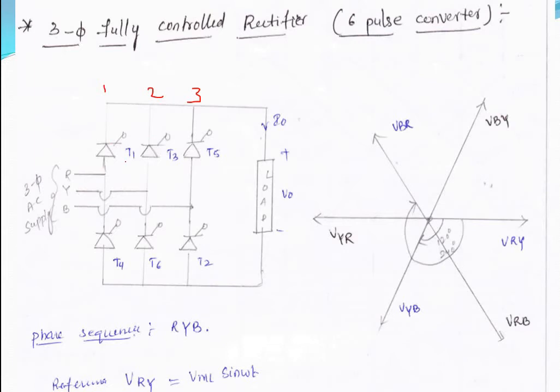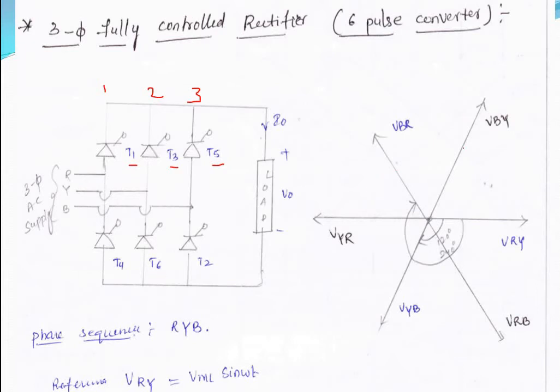Thyristors 1, 3, 5 belong to the upper group, that is the positive group or upper commutation group. Similarly, 2, 4, 6 belong to the lower commutation group, or lower group or negative group.